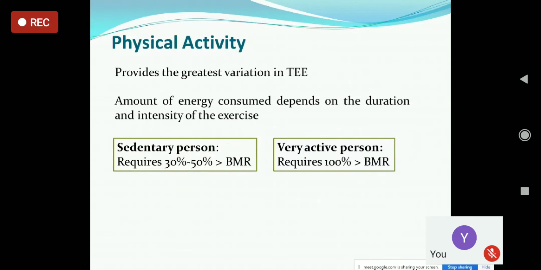The next process in the body that requires calories or energy is physical activity. You need energy to do physical activity.